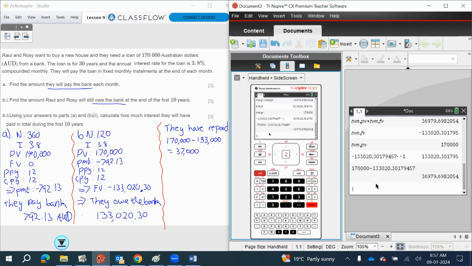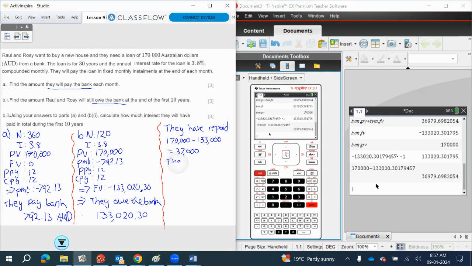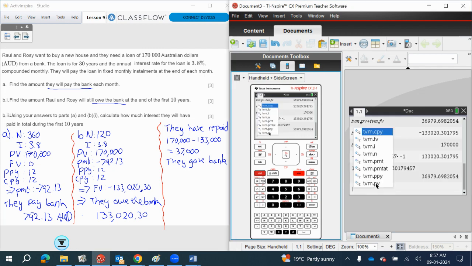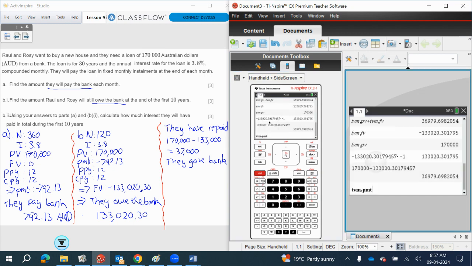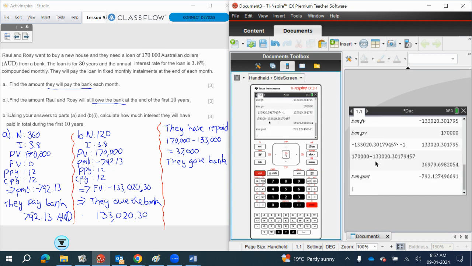We want to calculate how much did they give the bank. How much do they give the bank each month? Which one of those is it? It is PMT. This is how much they give the bank every month. How much have they given the bank in total at this point? 792 times 120.